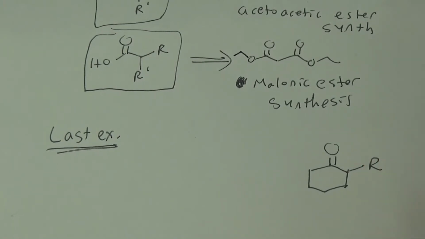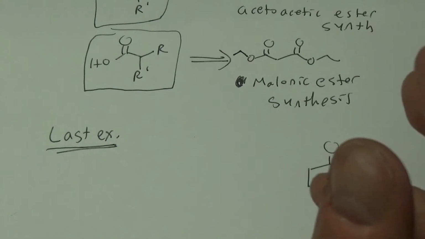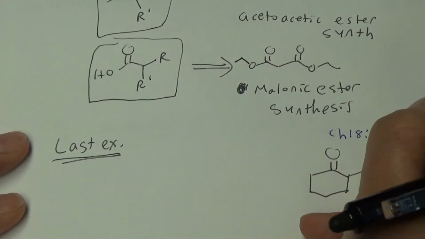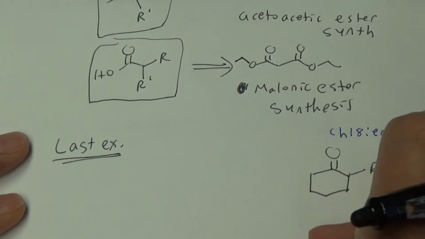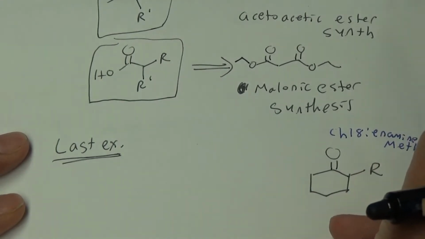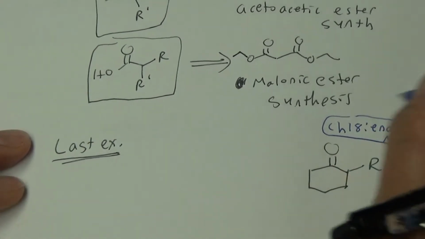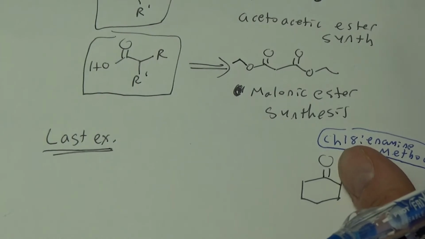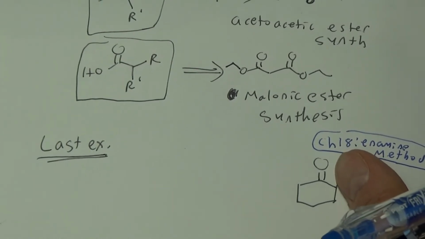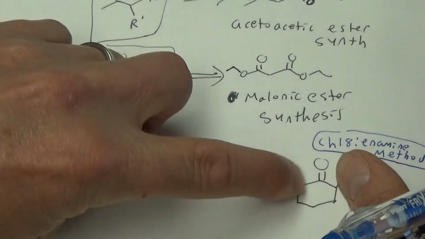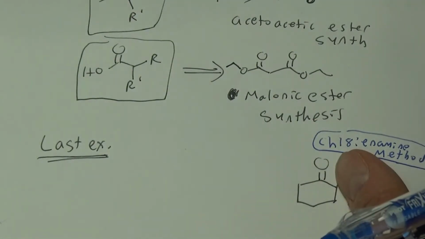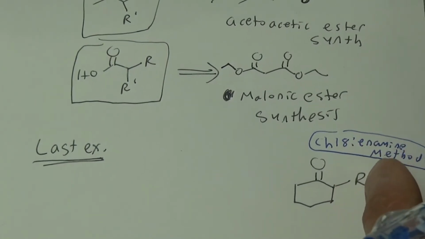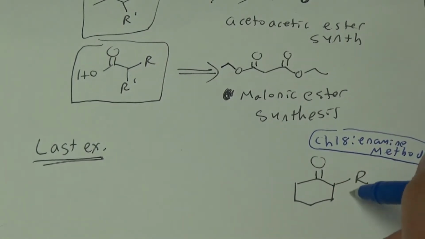So that one solution we learned in chapter 18, the enamine method, probably on one of the quizzes even, was that you could start with the ketone and make an enamine, and enamines are really easy to make. It's a nitrogen with a double bond and a pair of R groups. Enamines are nucleophilic, and then you can attach an R group really elegantly. So that's one way to do this.